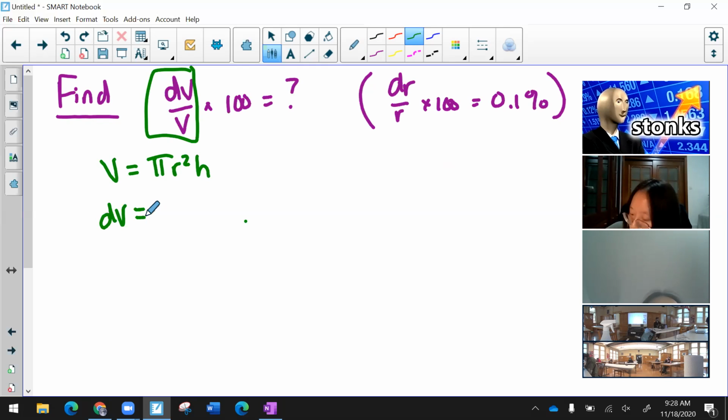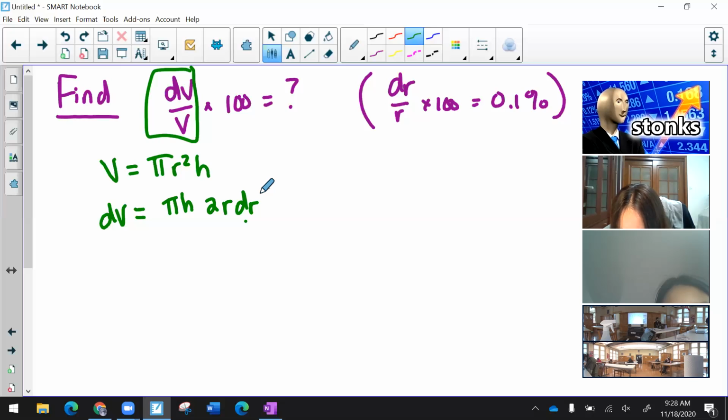I'm just going to let it hang there. And then hopefully it'll cancel out. So what's the derivative of my volume going to be? What am I taking the derivative of? What variable? R. So what's the derivative of r squared? 2r dr. So I've got my pi h, 2r dr, because I'm using that chain rule thing.